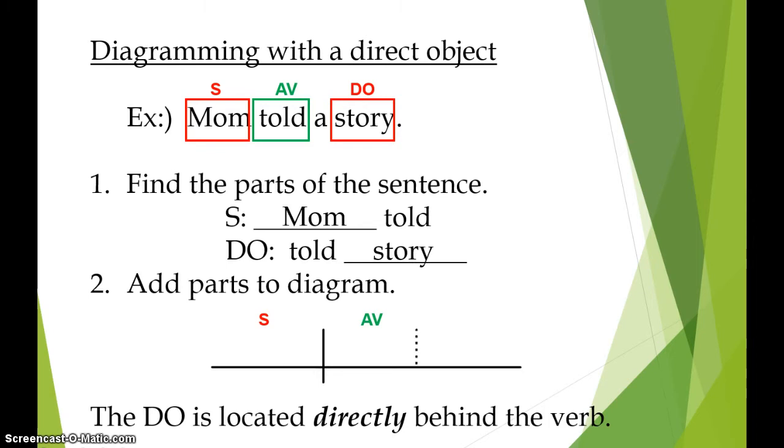So we're going to put a vertical line directly behind the action verb, but not all the way through the horizontal line because we're only dividing the predicate side of the sentence. Then all we do is fill in the blanks. Our verb is told, our subject is Mom, and our direct object is story.